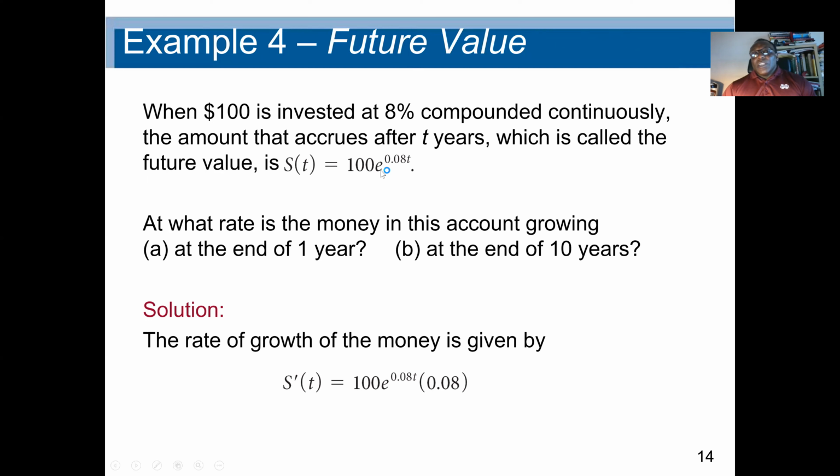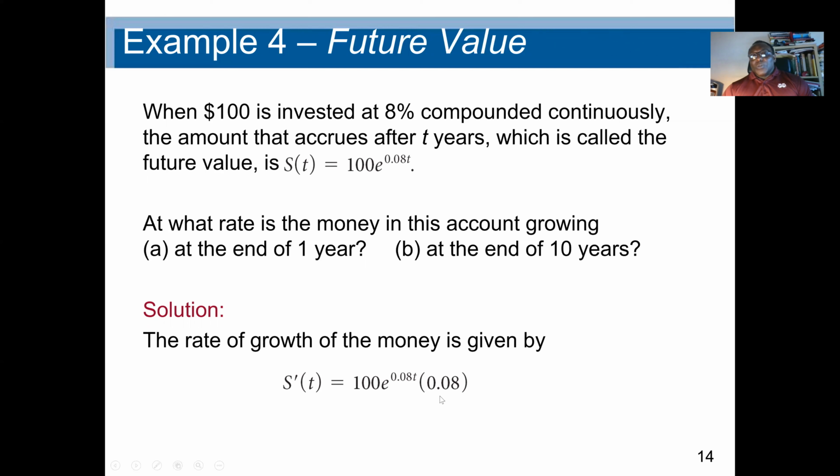Now the derivative of e to the 0.08T will give me e to the 0.08T times the derivative of 0.08T, which is 0.08. So here we get 100 e raised to the power 0.08T times 0.08.